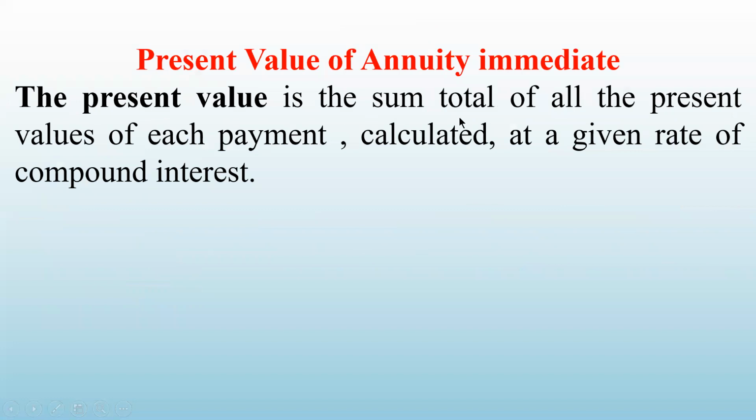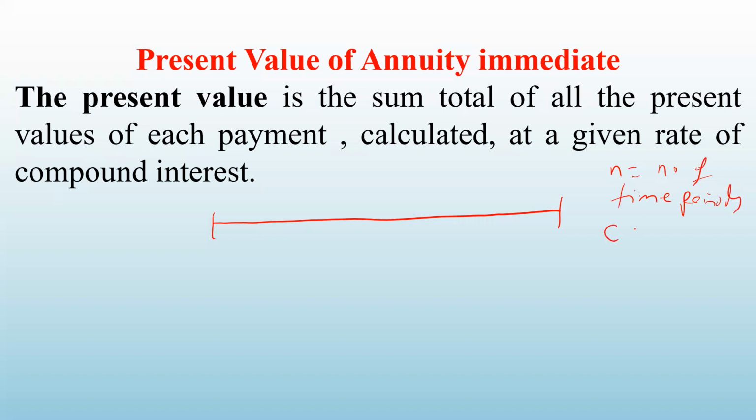The present value is the sum total of all the present values of each payment calculated at a given rate of compound interest. So for example, if you are given that n is the number of time periods, and suppose C is the amount of annuity, and you are given R% as the rate of interest.